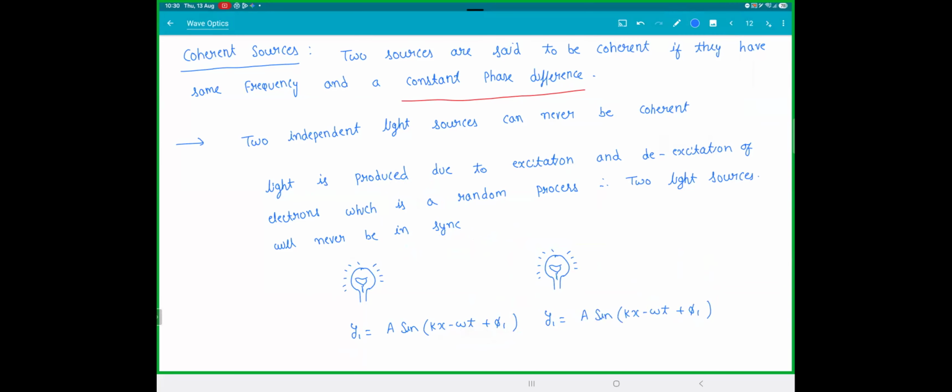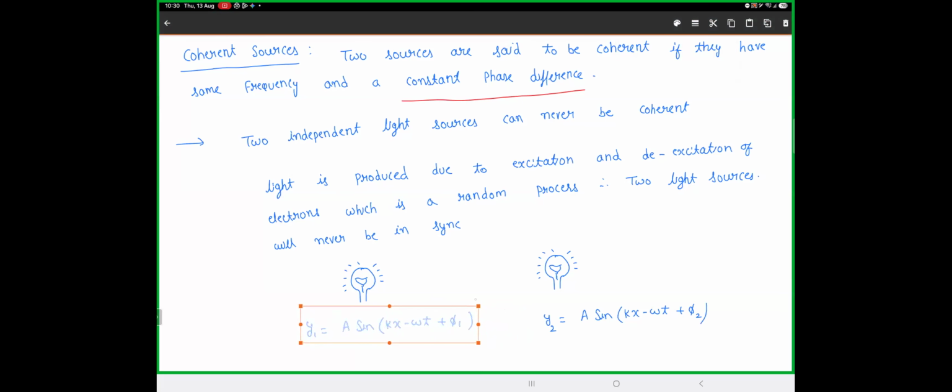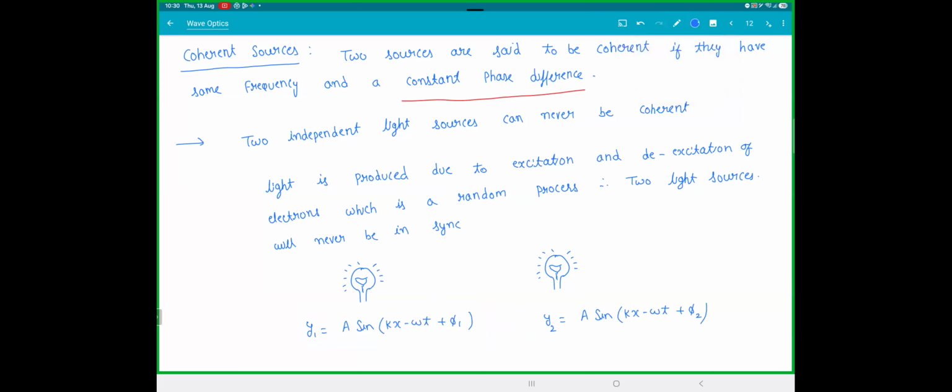You have an identical bulb, but let's say this is giving y2, with phase phi 2. So frequency is the same, amplitude is the same, but the problem here is the phase angles phi 1 and phi 2, they change with time. They themselves are not constant.